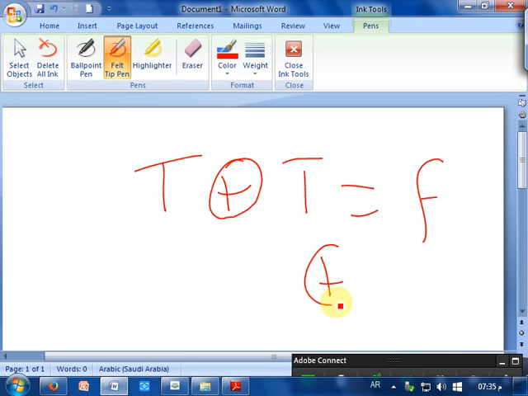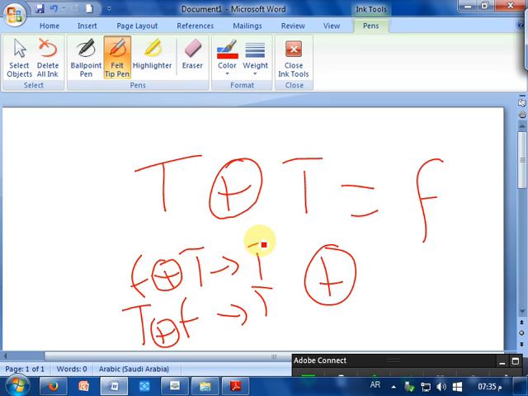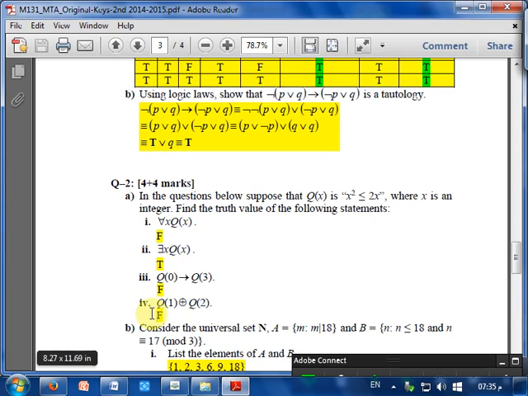In case of exclusive or, if both are the same, true-true is false, false-false is false. If it is true, false, exclusive or, it is true. If it is false exclusive or true, it is true. Other than that, it is false. So here the answer is false.